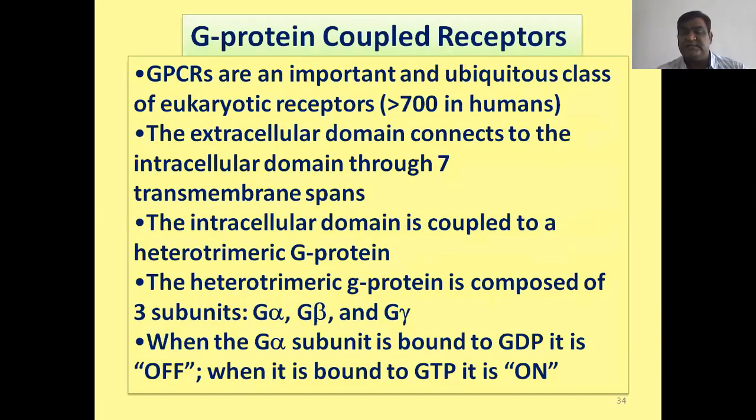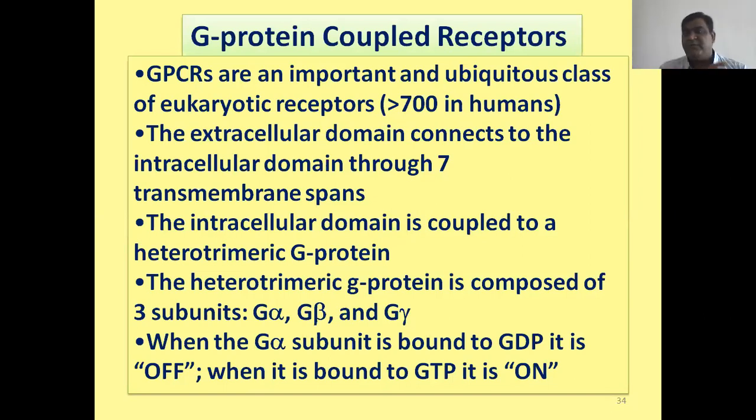These GPCRs are a very important and ubiquitous class of eukaryotic receptors, almost 700 types, with various signaling cascades. Our olfaction, vision, and hormonal responses are all governed by one or another GPCR. The intracellular domain is coupled to a trimeric G protein comprised of alpha, beta, and gamma subunits, called G alpha, G beta, and G gamma.